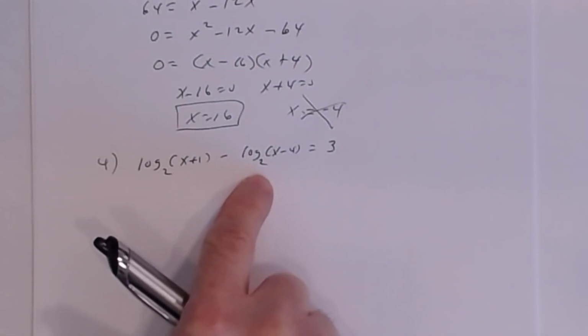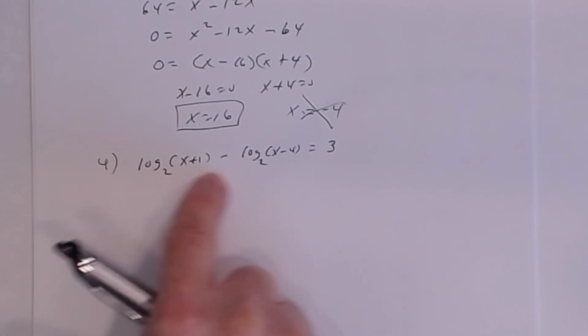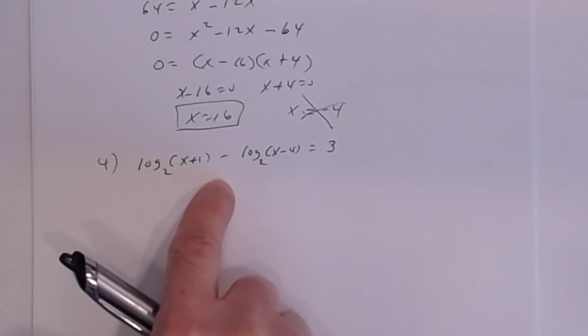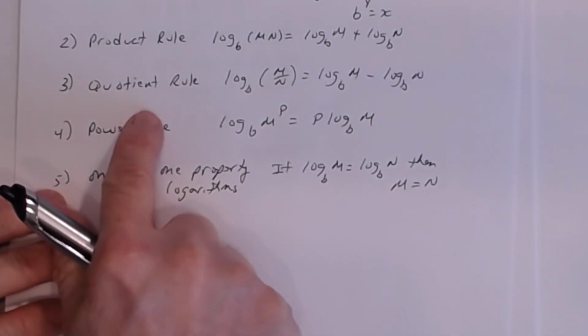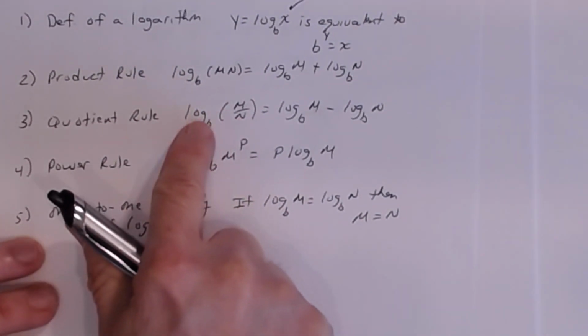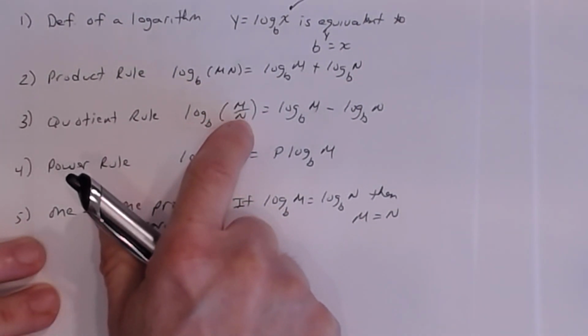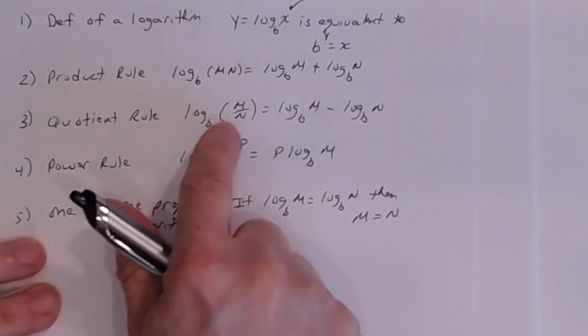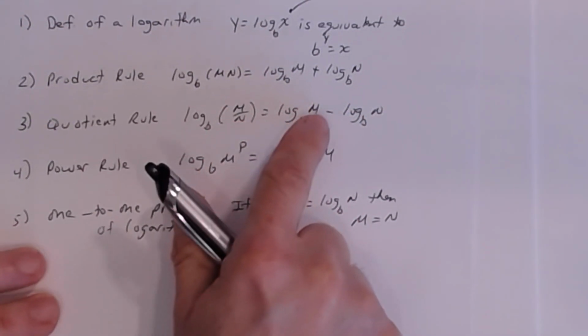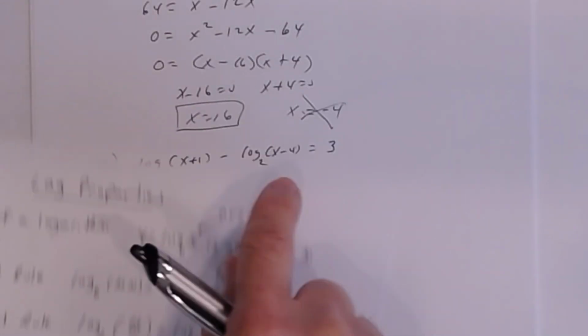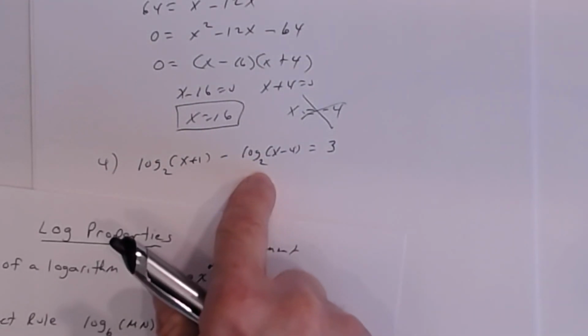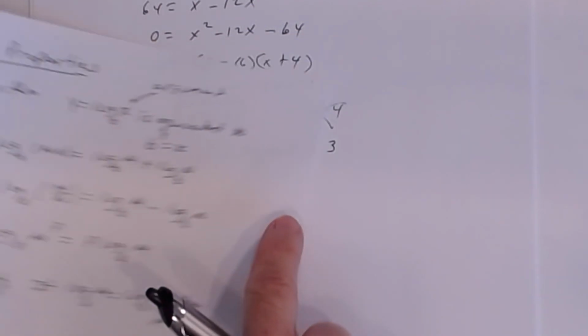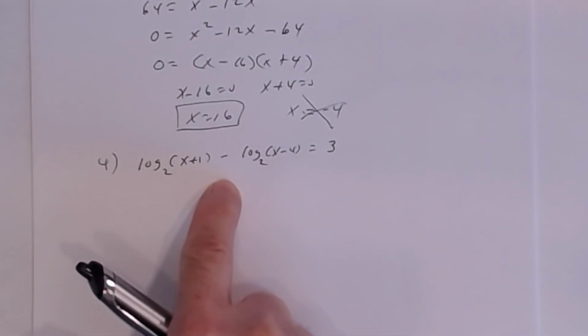I don't have that here. I have 2 logs on one side. But I do know that there's something called the quotient rule. So the quotient rule says if you take the log of a quotient, then that becomes the difference of the numerator and the denominator. So if you look at this, that's this right here. So using the quotient rule, I can rewrite this as a single logarithm.